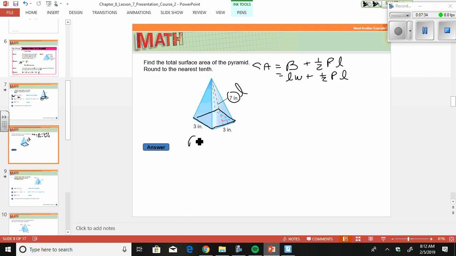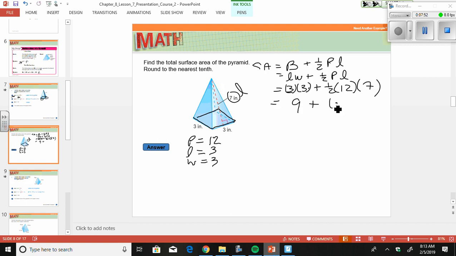So my perimeter equals 3 times 4, which is 12. My length of the base is 3. My width of the base is 3. So I have 3 times 3 plus 1/2 times 12 times the lateral height of 7. So I have 9 plus 6 times 7. So 9 plus 42, which will be 51 square inches.